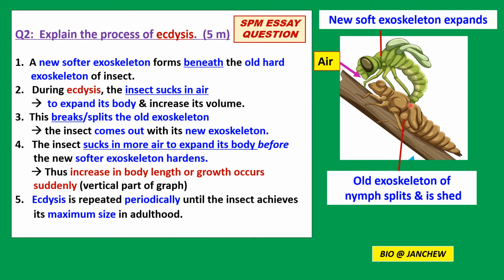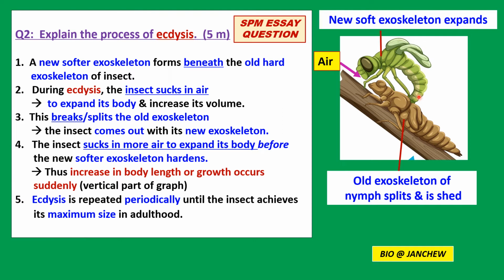So once it has come out and has a new soft exoskeleton that is bigger, the body tissues will continue to grow and increase in volume inside the new exoskeleton that has hardened. Okay, no longer soft, it has hardened. So for a period of time, some days or weeks, the body tissues are increasing in volume until it reaches the full length of the exoskeleton.